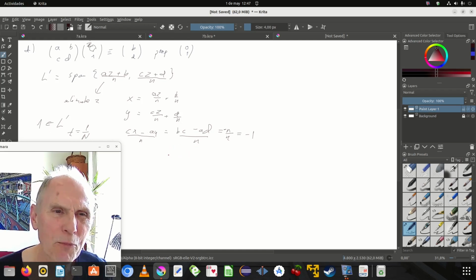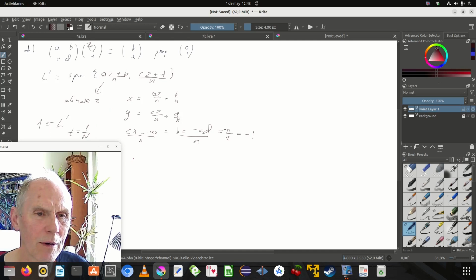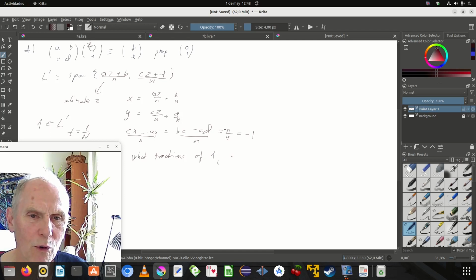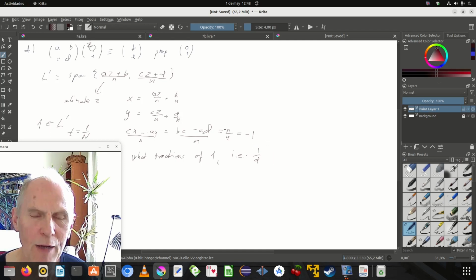Well, I have made progress. And they must, of course, be of the form 1 divided by d. We can reduce it to a stem fraction. I believe that's what it's called.